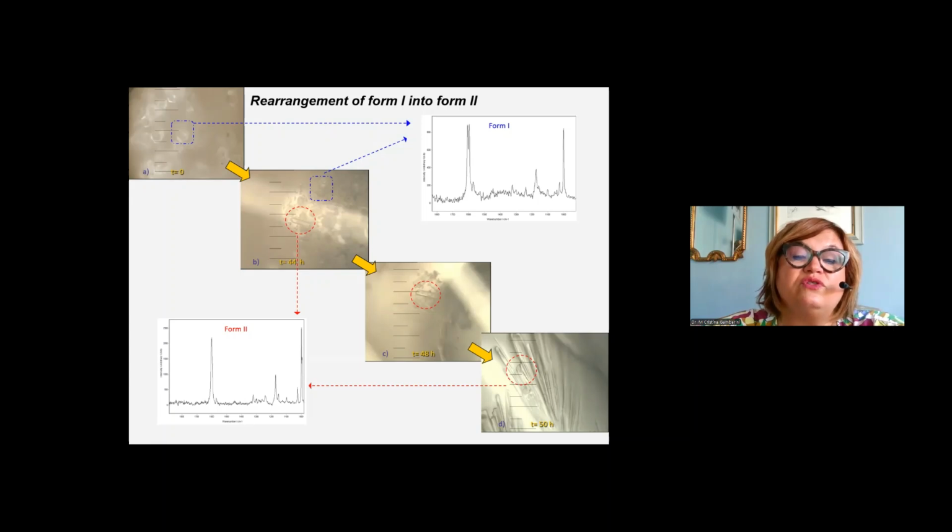And just to focus your attention, with micro-Raman it is possible to study through the holders, which are made of glass, and also inside solvents with a water immersion objective. Micro-Raman is instrumentation composed of an objective. In this case, it's possible to put the water immersion objective inside the solvent, and water is a weak Raman scatterer.